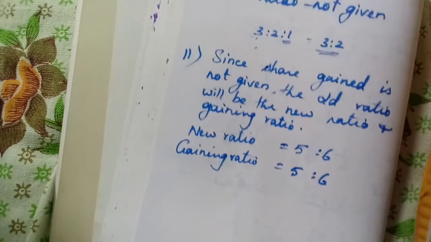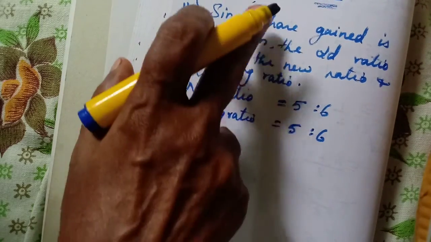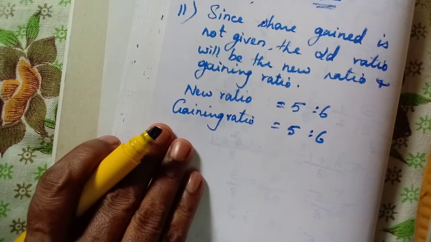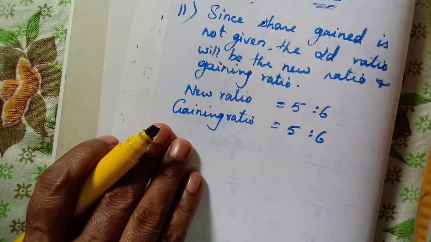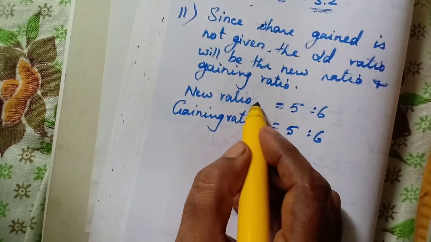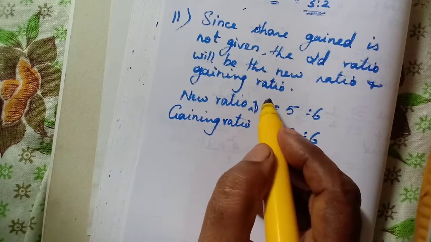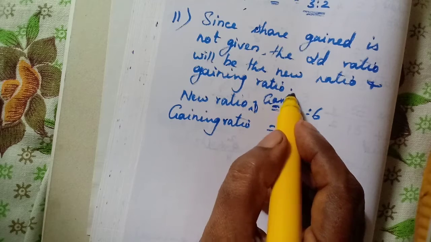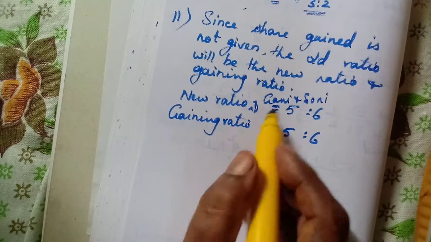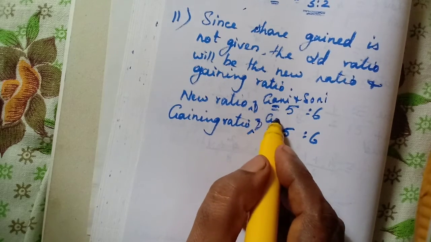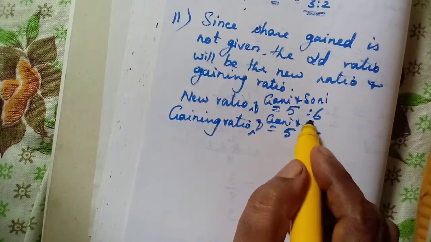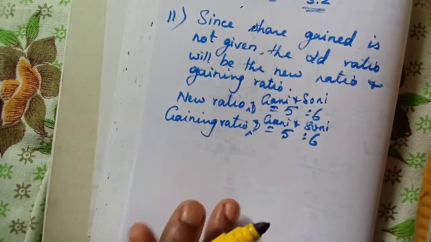That is the answer, like a 2 mark answer. If you have to write it like this, the new ratio of whom? Mani retires, Gani and Soni. You write like that, is equal to.